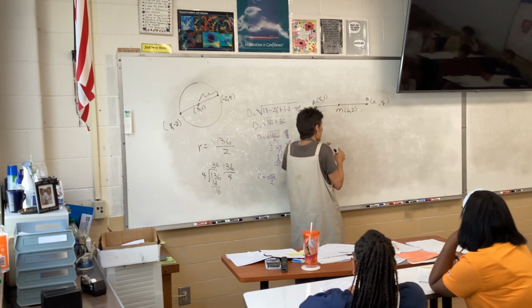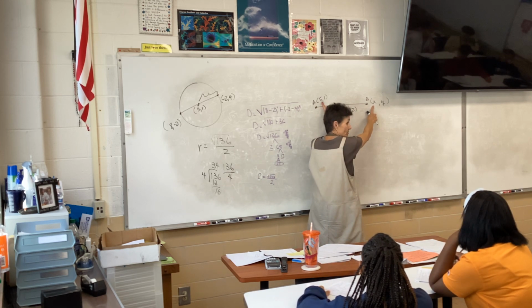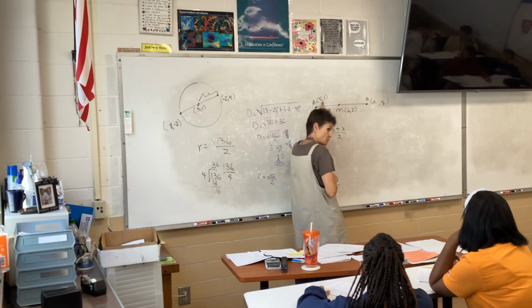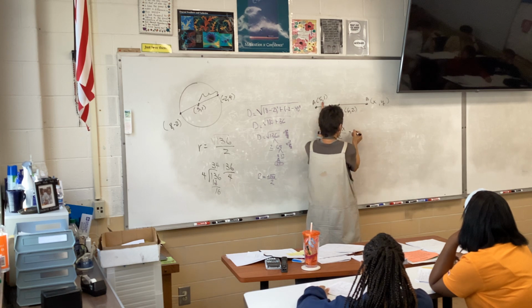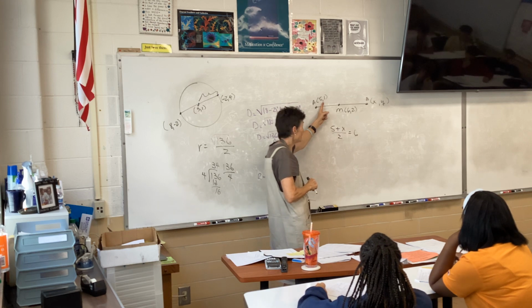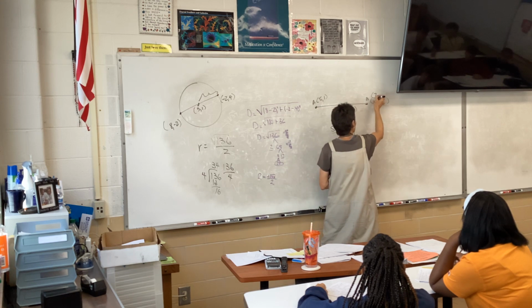But don't we know that 6 is the average of these two? So whatever x is, if I add it to 5 and divide by 2, doesn't that equal 6? Does that make sense to you? So when I solve this little equation, it looks like it has to be 7 for the x.